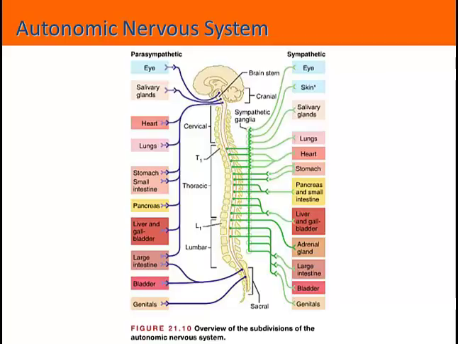Specifically, the preganglionic neurons arise from cranial nerves 3, 7, 9, and 10, as well as spinal nerves S2, S3, and S4. You can see here that there are long projections from the central nervous system, and the synapse on the postganglionic neurons resides at or near the target tissue.